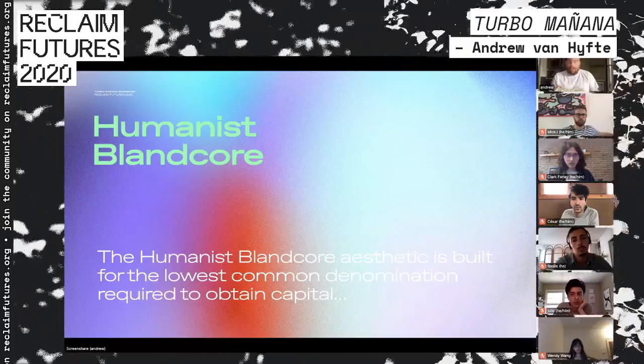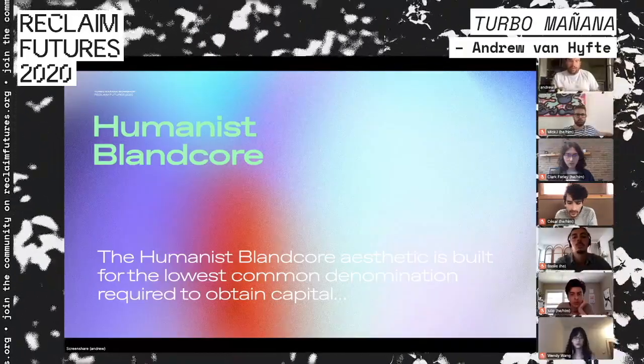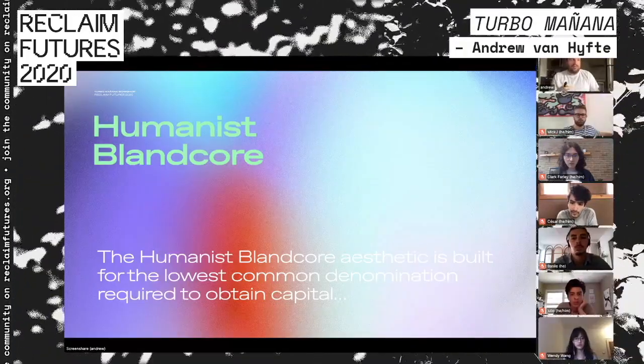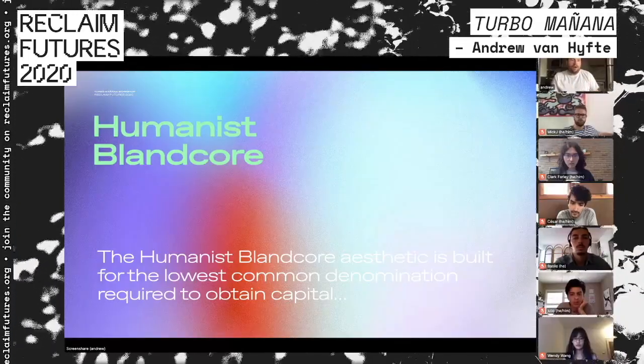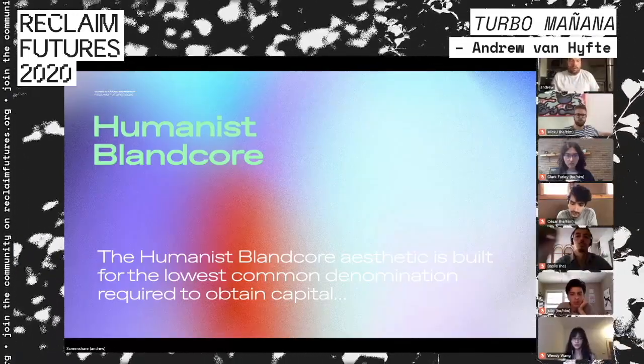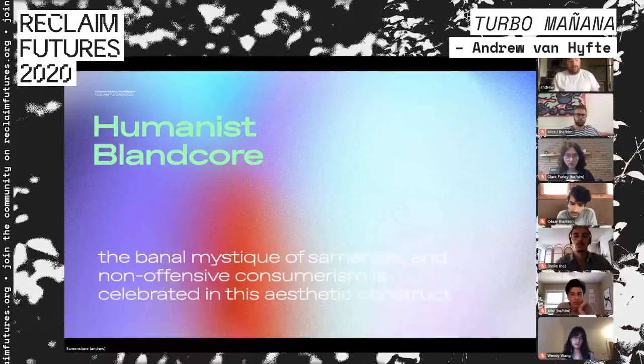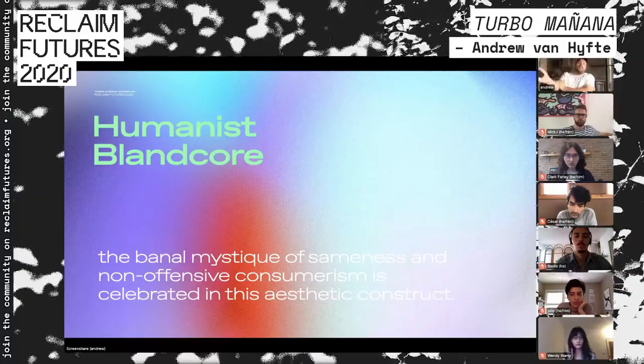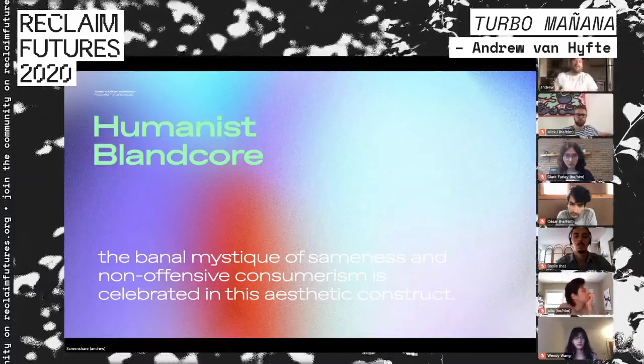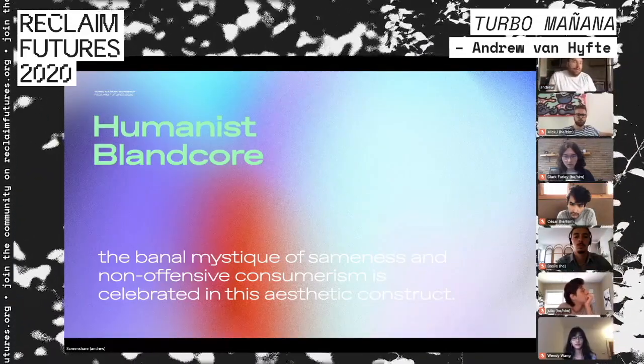So it's going to be the most vanilla, the most approachable, the most pleasing, the most easy, and the lowest effort required in order to obtain capital and reach the most people without causing offense. So this banal mystique of sameness and non-offensive consumerism is celebrated in this aesthetic construct.